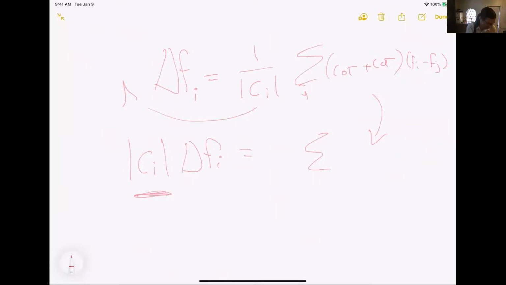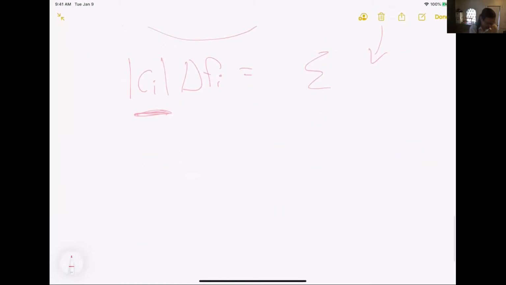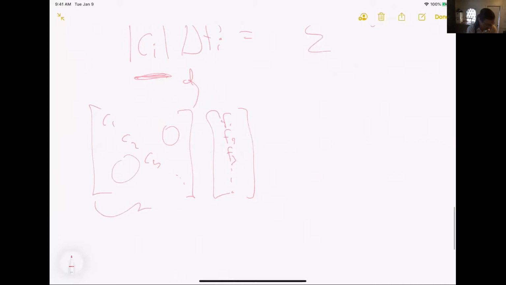If you think of this as a matrix calculation now, computing this simultaneously at every vertex, we'll have this big matrix with C1, C2, C3, multiplied by F1, F2, F3, etc. And in each row, you get exactly this product when you multiply those two matrices. So this is what he keeps talking about as the mass matrix.